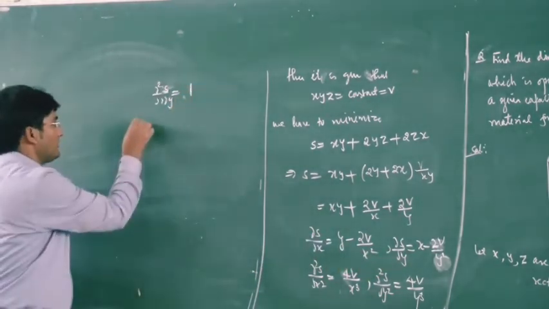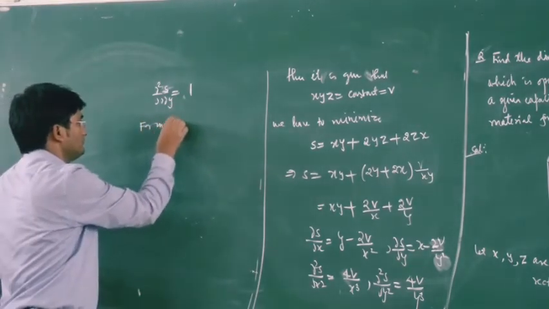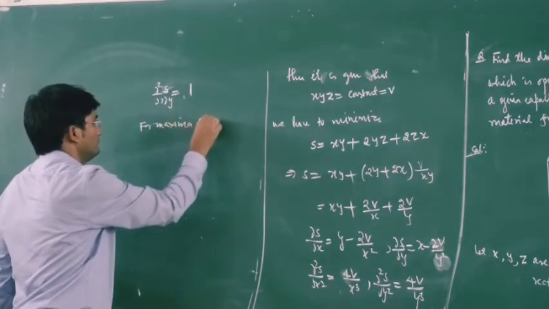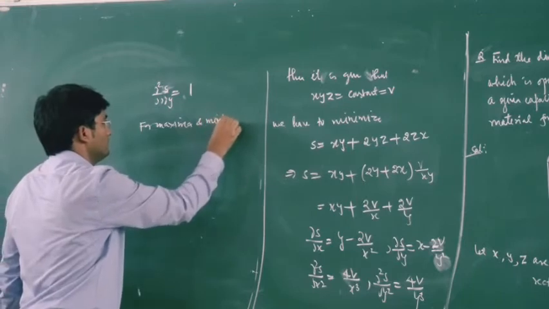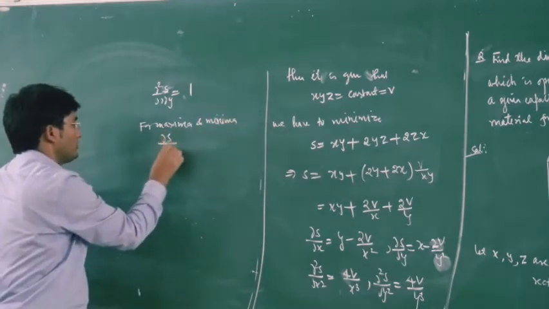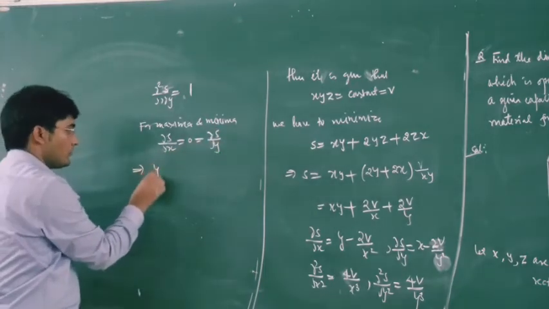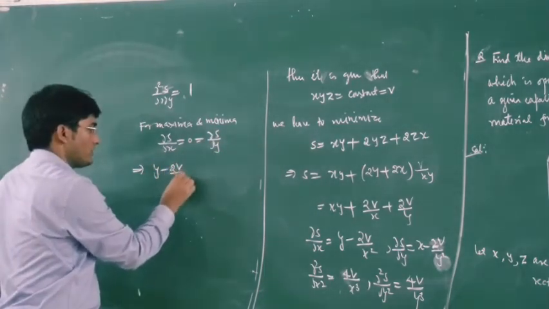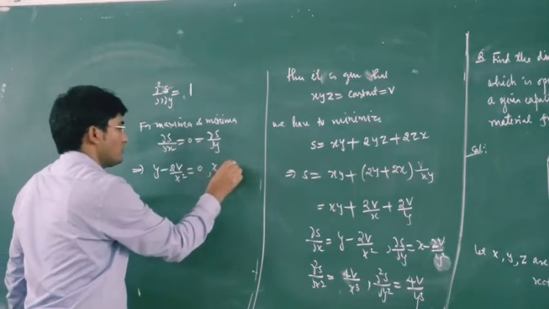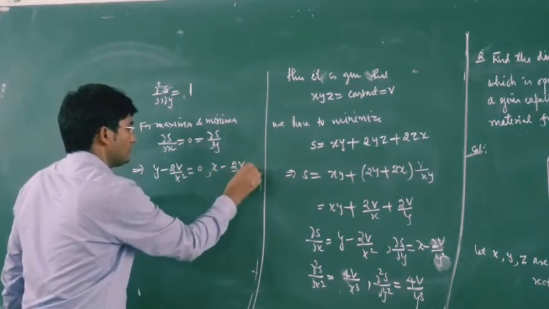So now for maxima and minima, our del s upon del x will be 0 and del s upon del y will be 0. So we have y minus 2b upon x square equal to 0 and x minus 2b upon y square equal to 0.